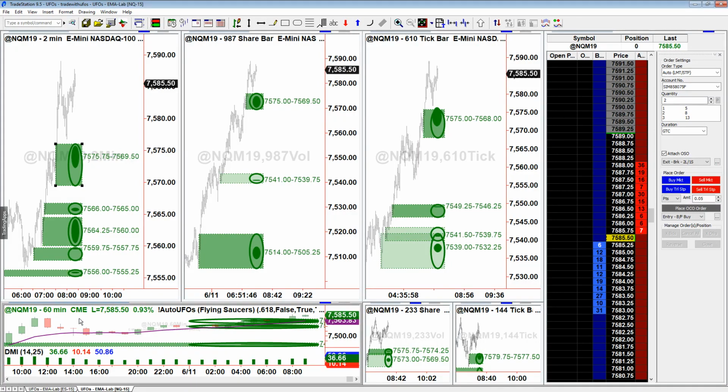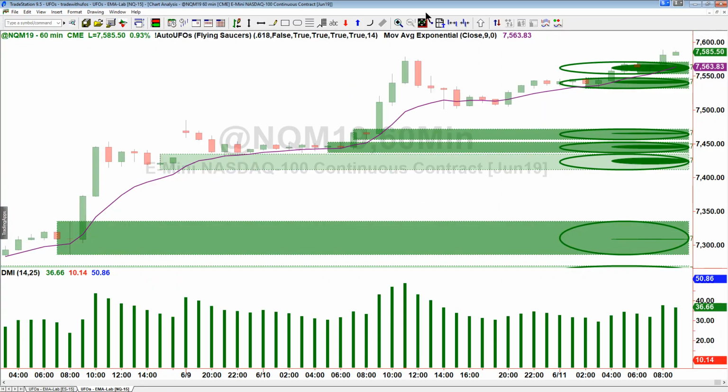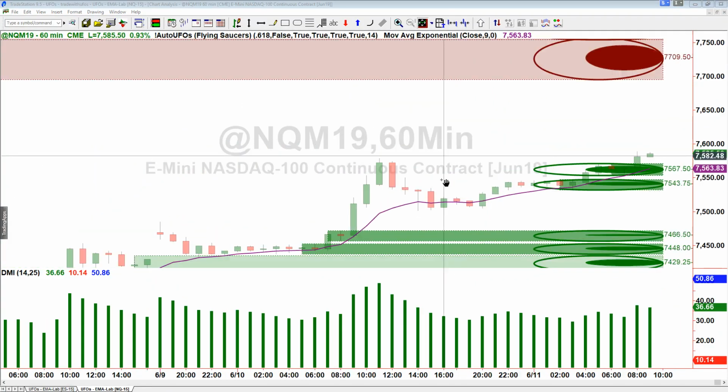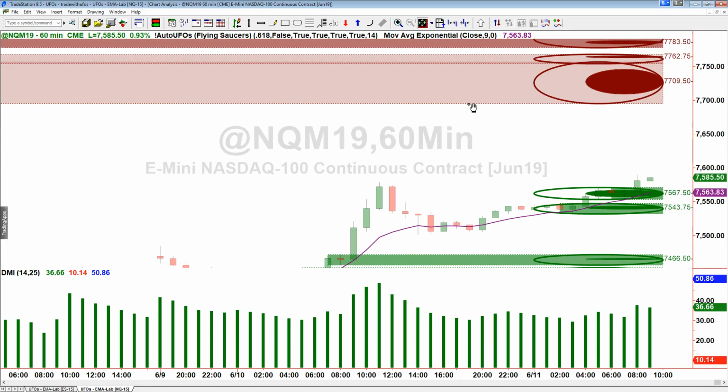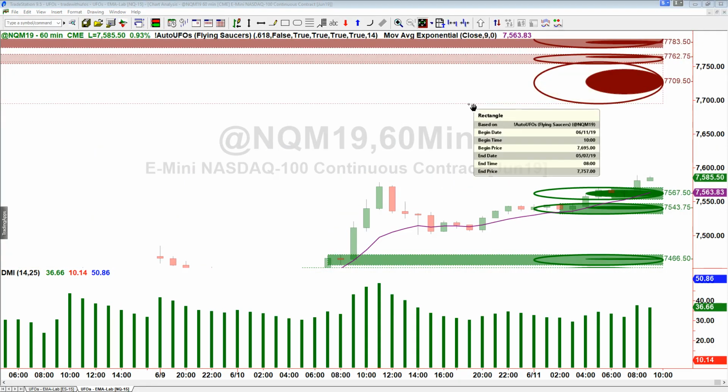And what I'm looking for in that time frame now is red UFOs, and the red UFO I found is located all the way to 76.95, which is 110 points above current price.